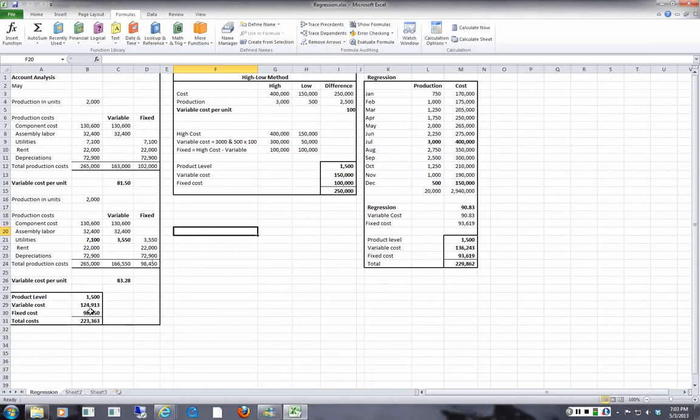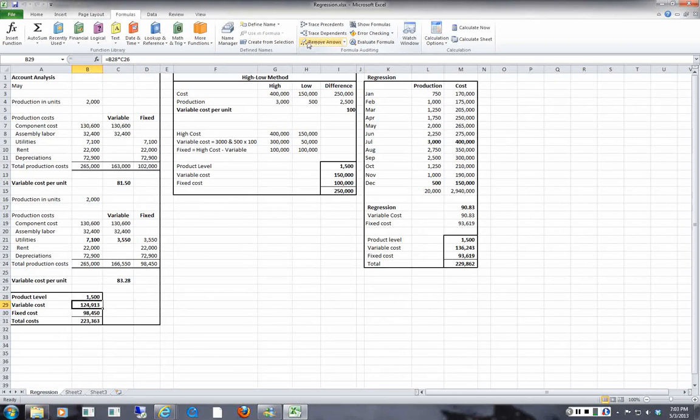Now we've got a production level coming up of 1,500 units. So now we take that variable cost of $83.28 and multiply it by 1,500 units. So for this project of 1,500 units, we get a variable cost of $124,913.